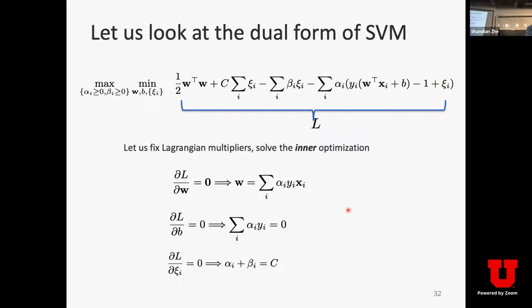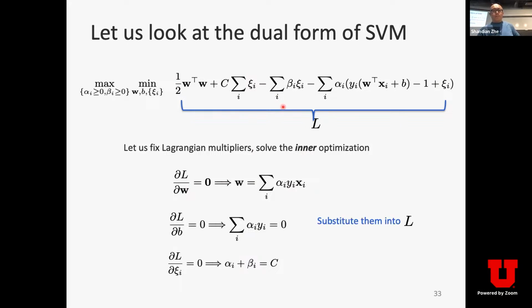I'm not going to derive it here, but I encourage everyone to manually check this. So we know that when we get the minimum of L, we must have these 3 equations satisfied. So let us substitute those results back into L and see what value of L we can get.